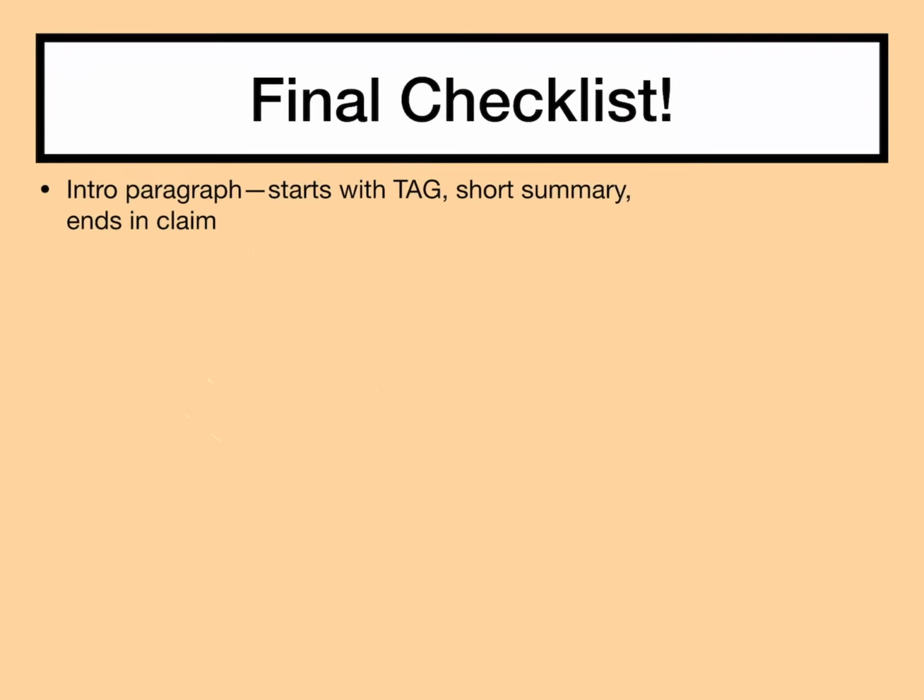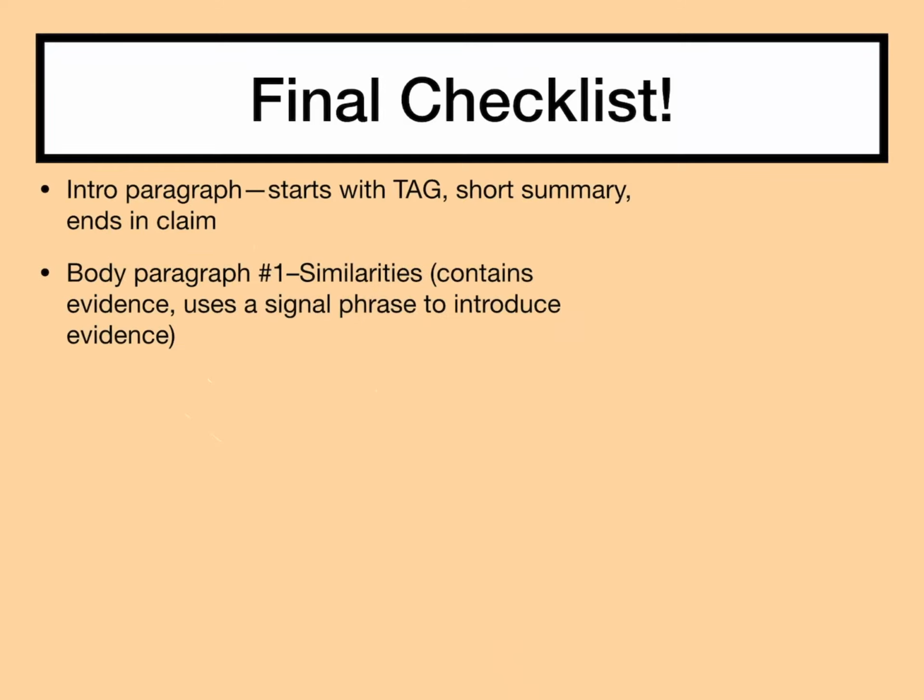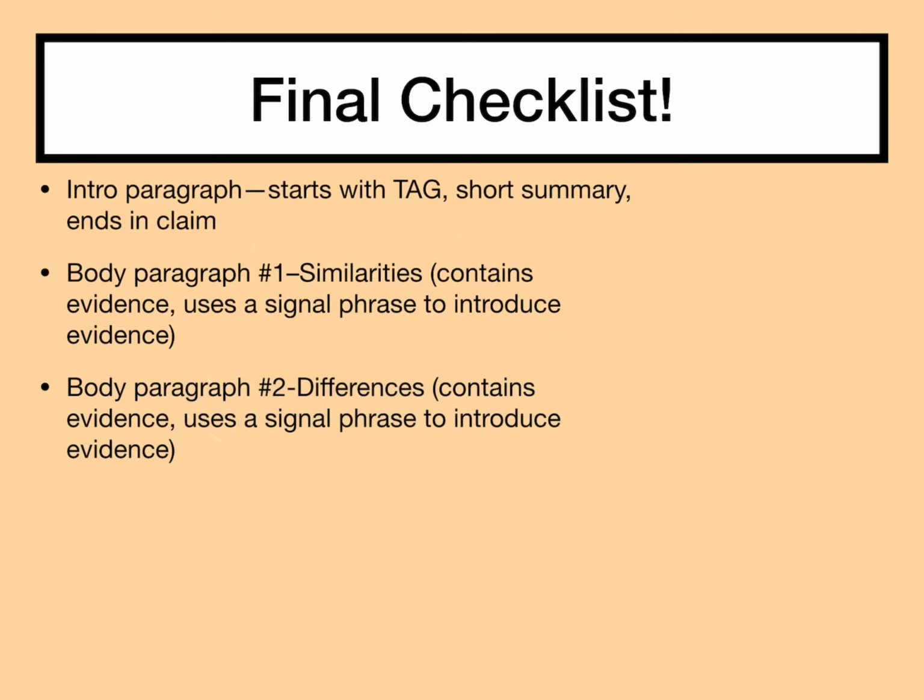Okay, final checklist. Your introductory paragraph starts with a TAG sentence. You've included a short summary, 3 to 4 sentences, and it ends in your claim. Body paragraph number 1, you've included similarities. You've given evidence and used the signal phrase to introduce your evidence. Body paragraph number 2, you've talked about differences.